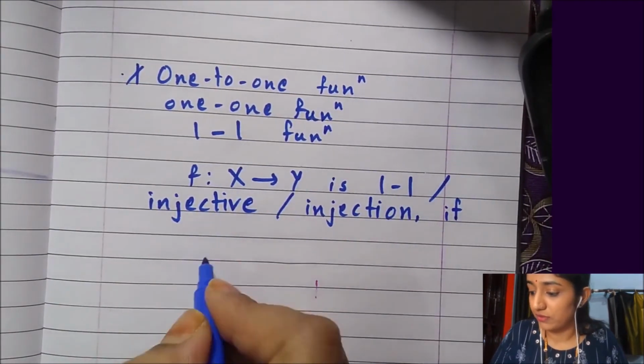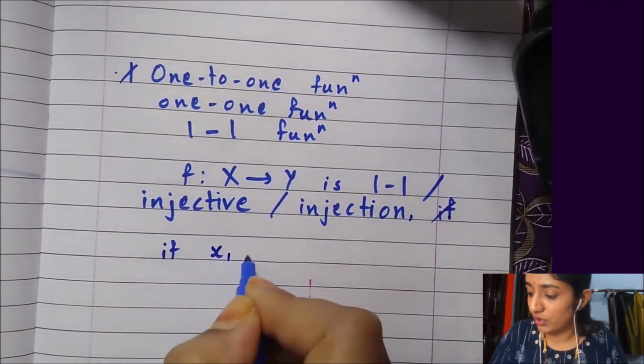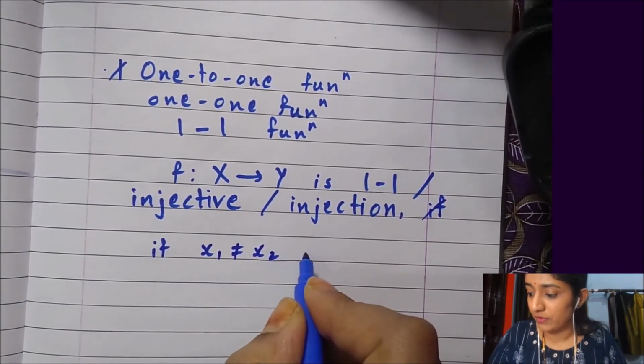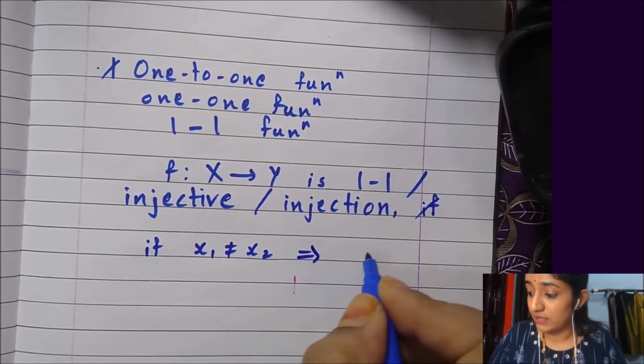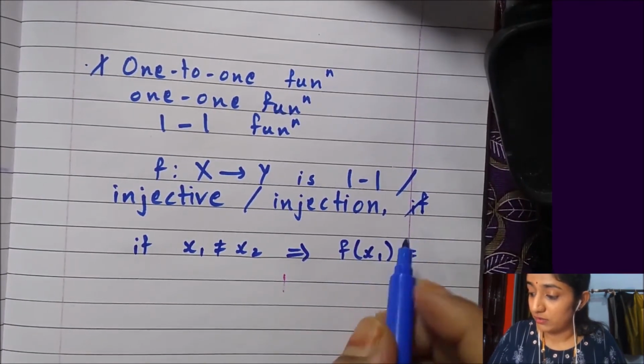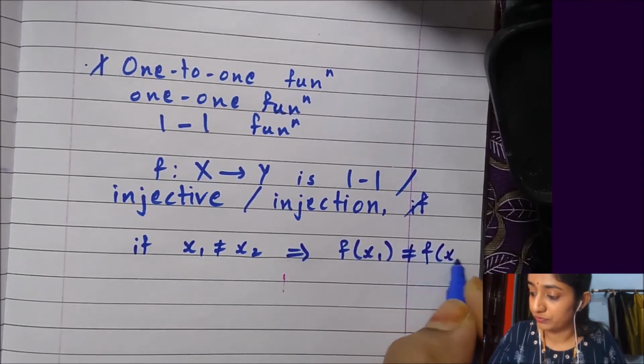So if x1 not equal to x2, distinct elements imply distinct images. f of x1, the image of x1, should not be equal to image of x2.